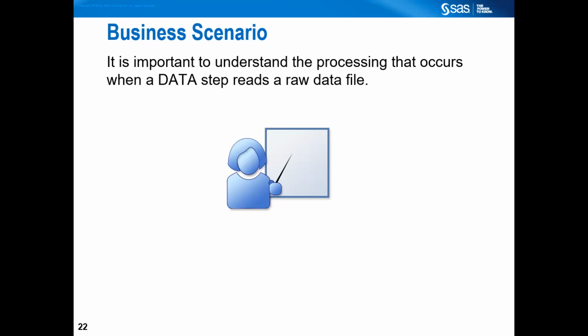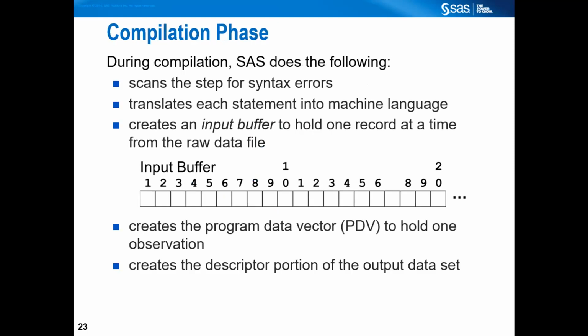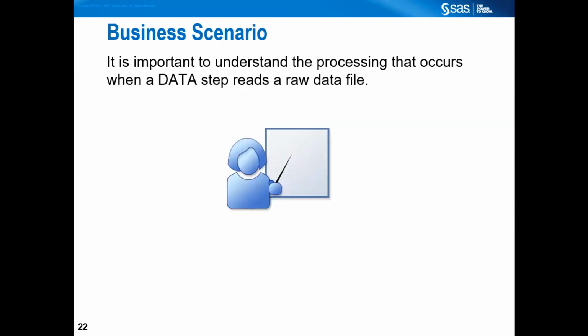You have the compilation phase and the execution phase. So this is always processed whenever we submit a code. And we had seen it was the compilation phase where SAS reads the code and checks for syntax errors, correct? It is the compilation phase.